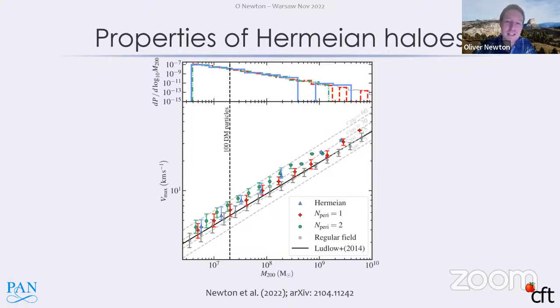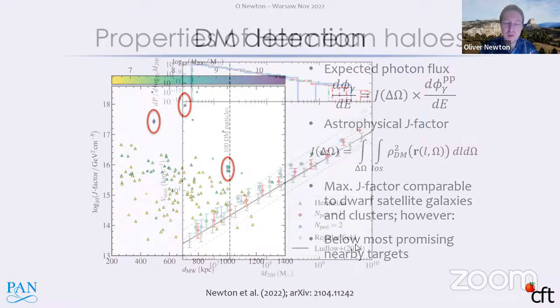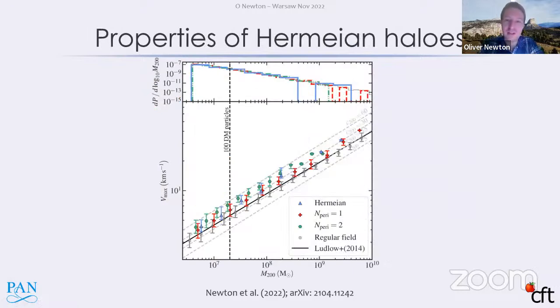So you can see that the field halos sit on this black line, which is the concentration mass relation from cold dark matter. It's been well studied. They sit nicely on this, as you would expect.